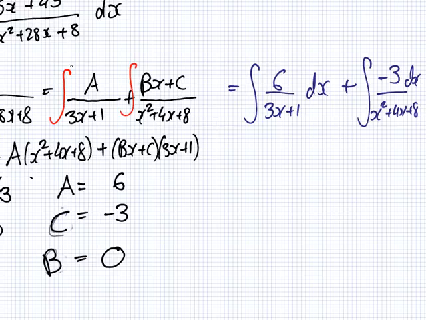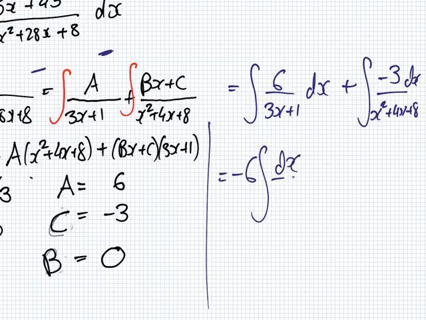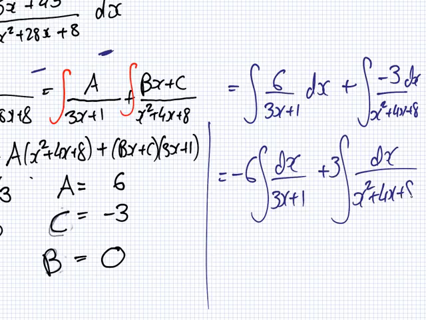But don't forget there's a minus on these, so this has now become integrate minus 6 dx over 3x plus 1 plus 3 integrate dx over x squared plus 4x plus 8. So this is now our problem, which actually is easier than what we had at the start.